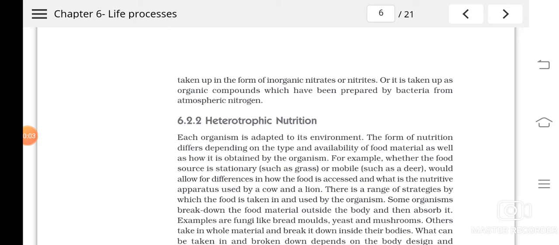So, children, in the last classes, we have studied autotrophic nutrition and its various types, isn't it?